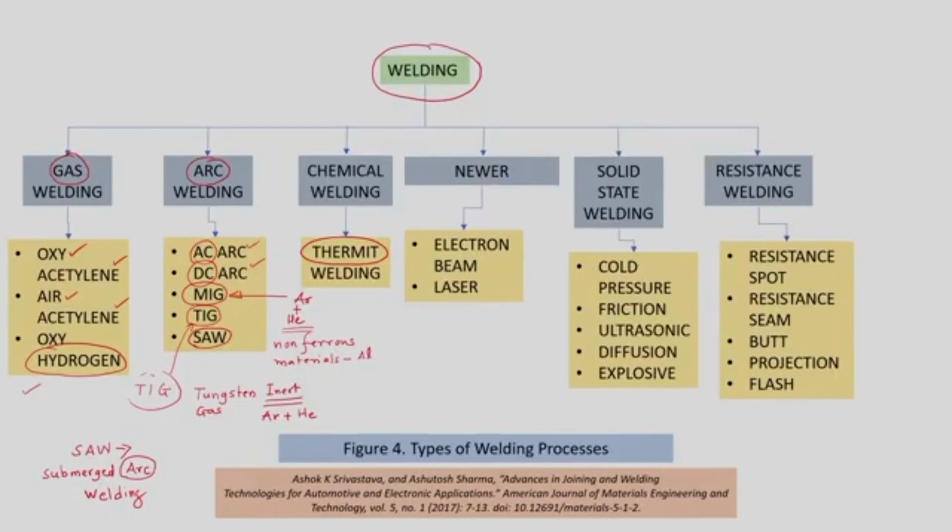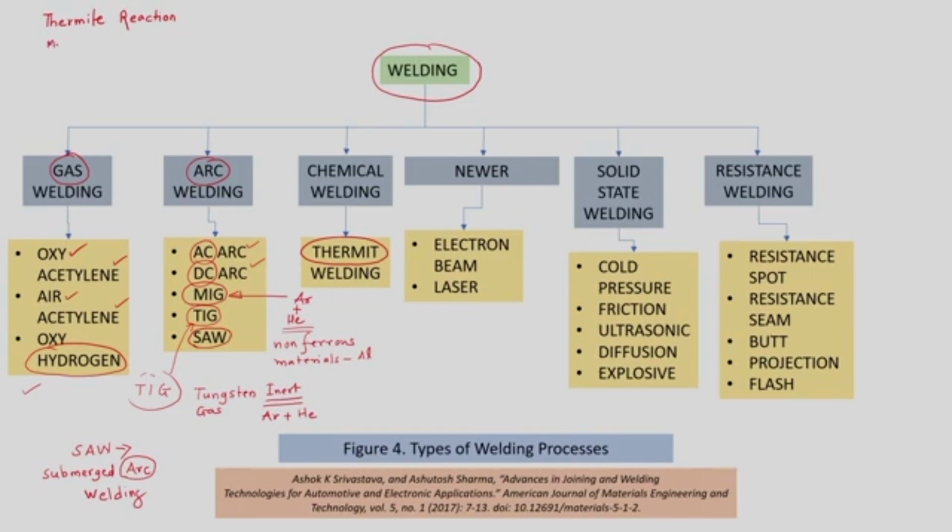Now, how does it work? So, here we are generating a thermite reaction. This thermite reaction occurs when we are using two different materials, and these two different materials are metal oxide and iron oxide.